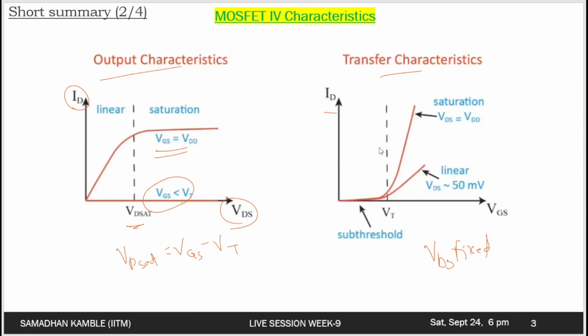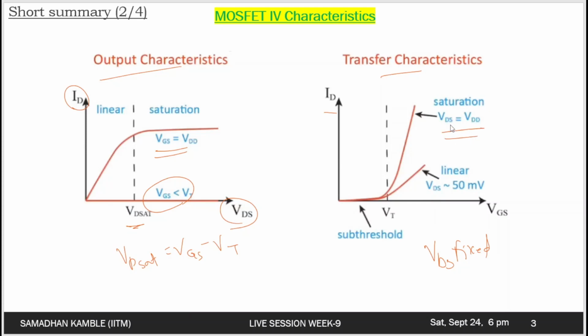When we do that, we can choose the drain voltage to be a small value like a few millivolts, and if we do that, the MOSFET will be biased in a linear region. So you get a linear transfer characteristics, which is shown in the figure here, and then you could also choose the drain voltage to be at the supply voltage, that is VDD.